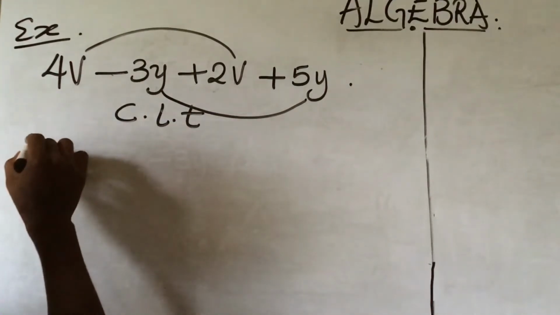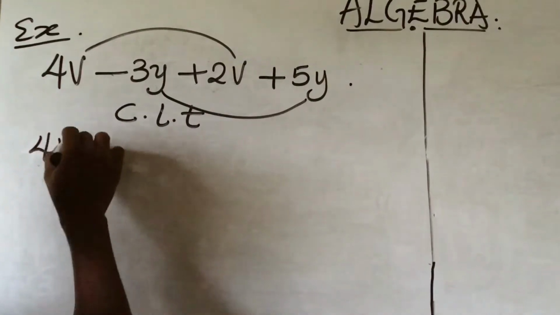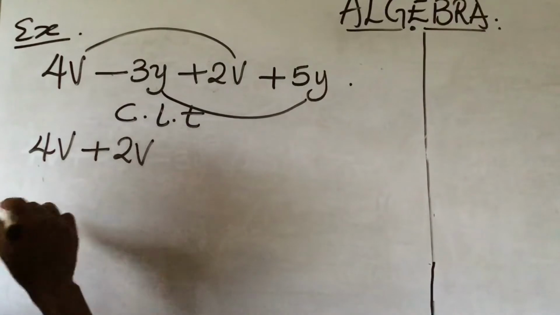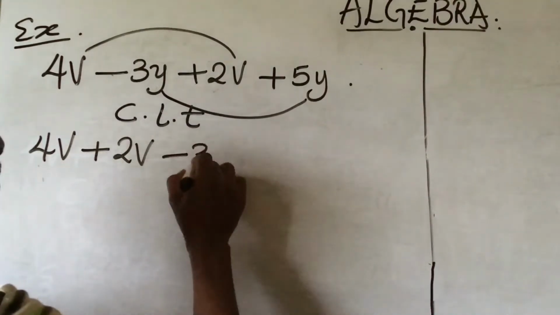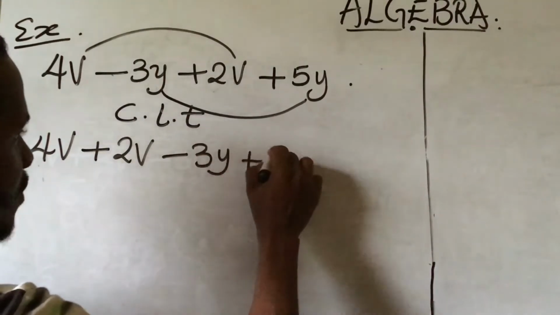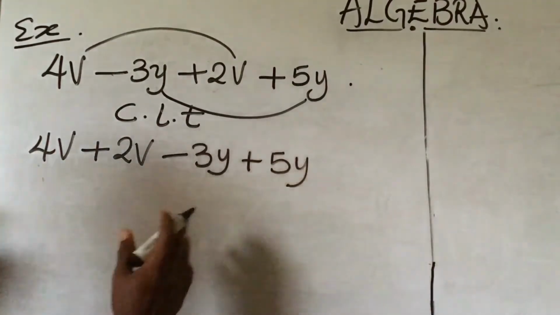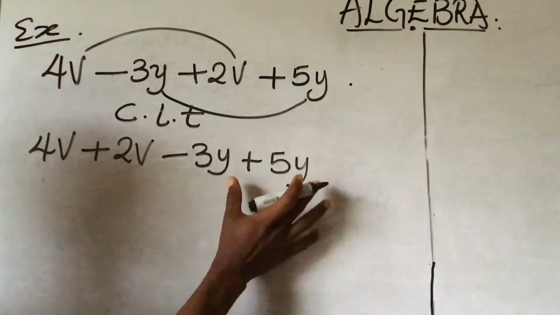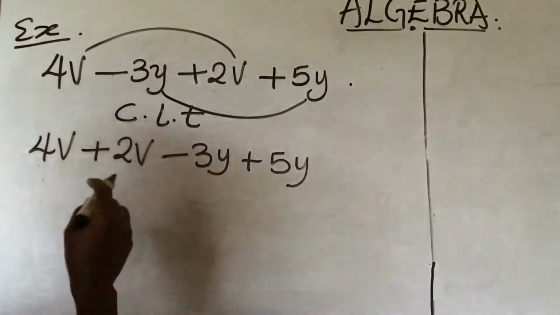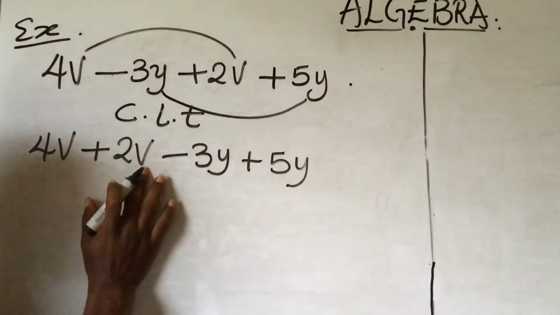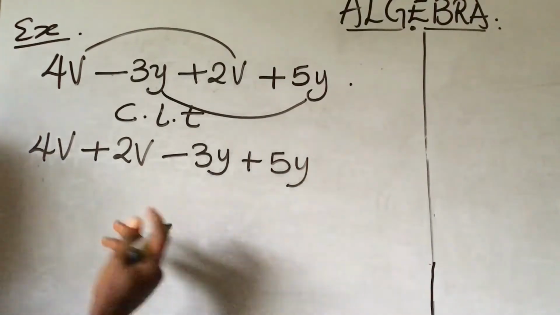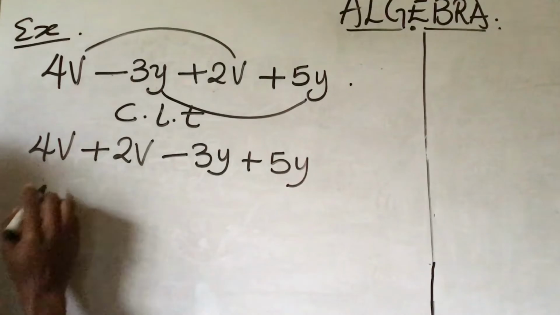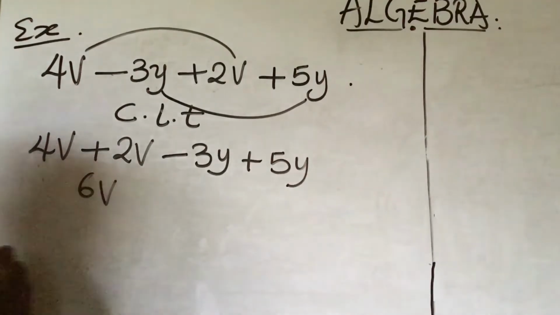Now we're going to rearrange them. 4v plus 2v minus 3y plus 5y. Do you see now? So I've been able to rearrange them according to their family. This is the family of v's and this is the family of y's. Alright? So 4v plus 2v is just like saying 4 plus 2, which gives us 6v.